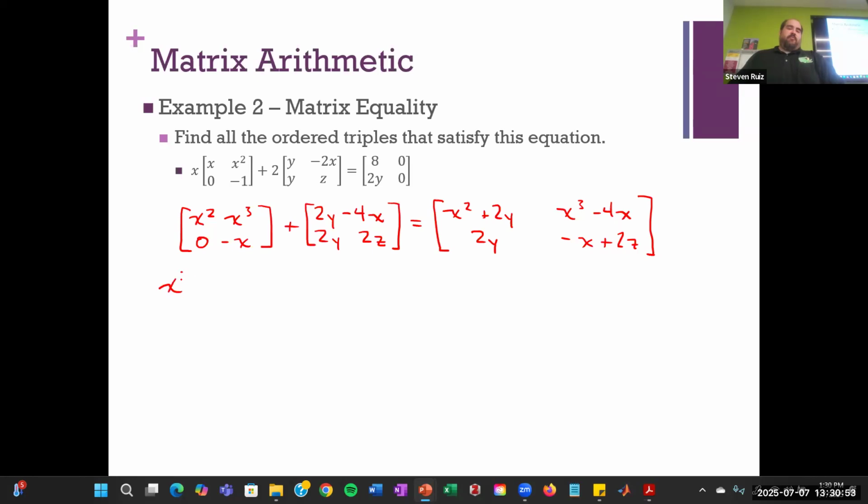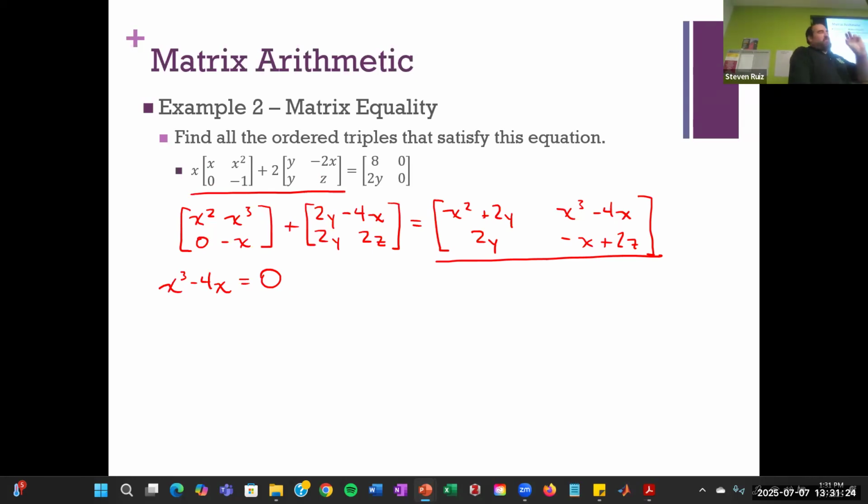Well, why don't you think this is true? I think that is absolutely true. I think x cubed minus 4x equals 0 is totally fair to say. Why? So basically, this left-hand side here, we just turned this into this, which means that if I take the corresponding entries from one matrix and set them equal to the corresponding entries from the other matrix, that's totally fair to do.